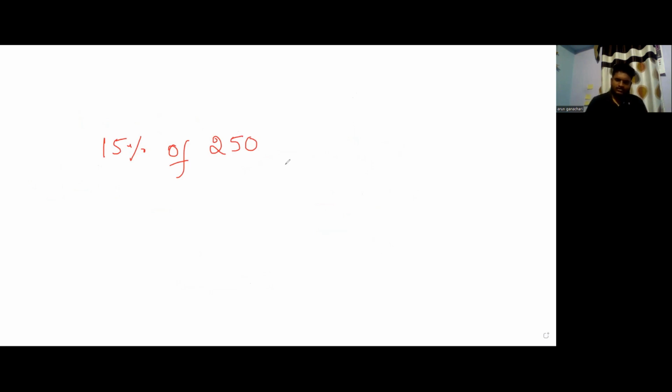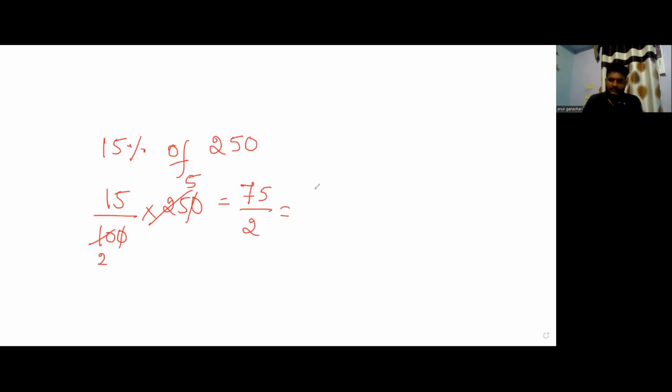I think you can fairly solve this using your old mathematics itself because it will be 15 by 100 into 250. Now how will you cancel these numbers? We'll cancel this, as 0 and 0 will go. 5 2s are 10, 5s are. 15 5s are 75, and 75 by 2 is 37.5.